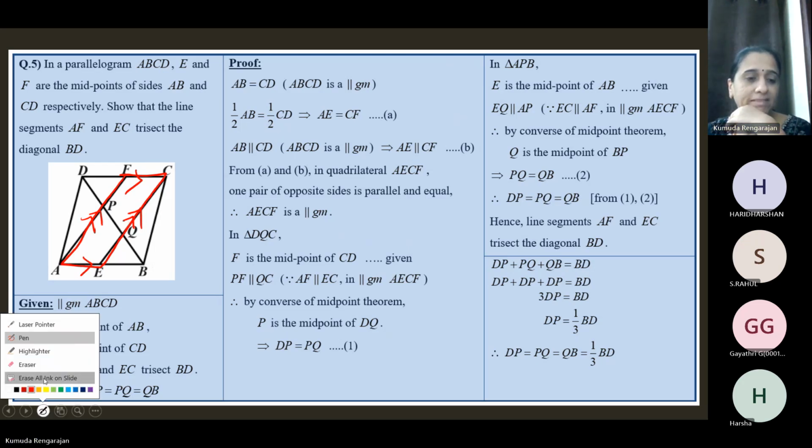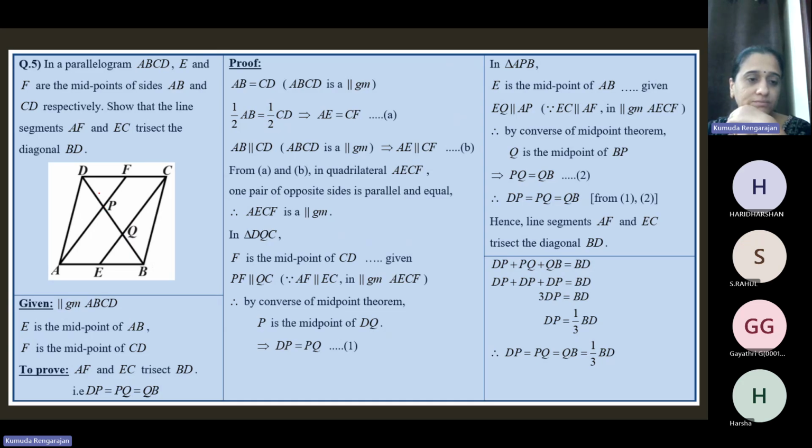Okay. Now take up the triangle that should include this midpoint. Where is F? On the side DC. So the triangle you take up should include DC. And what you want to prove is that DP is equal to PQ and later prove that PQ is equal to QB.